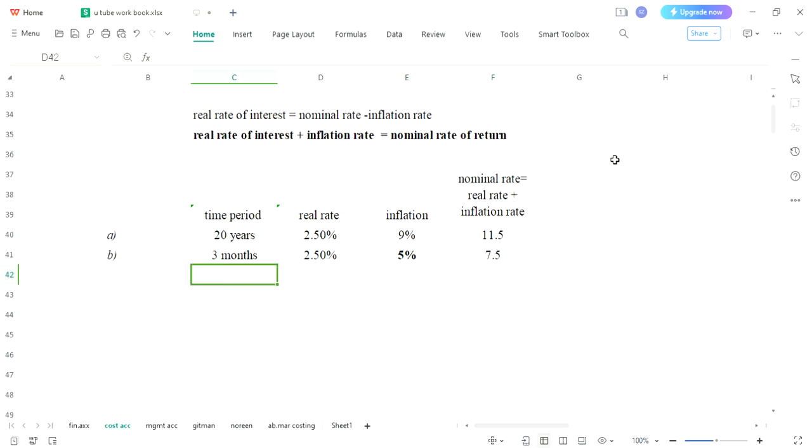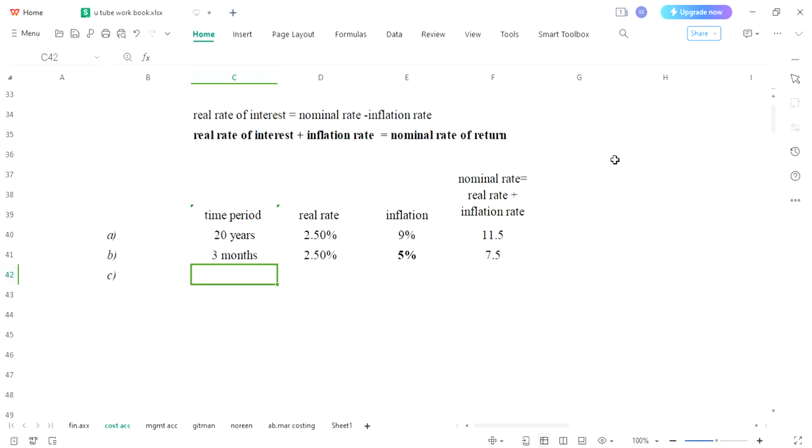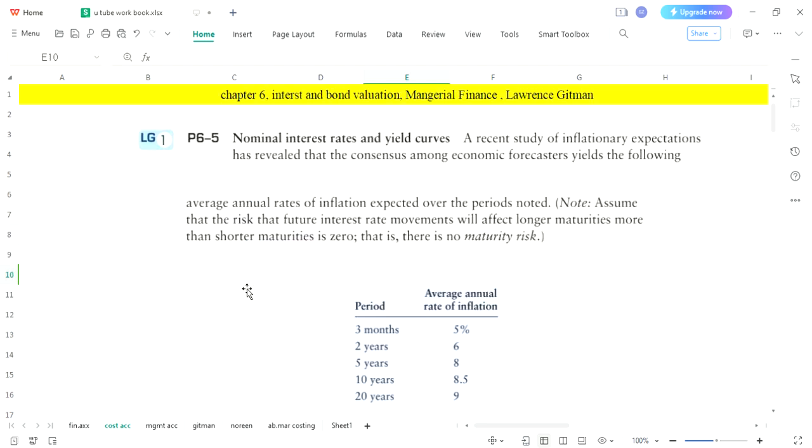All right, come over here, write down the third option, and the third option is for 2 years. Next, 2.5% would remain the same as its real rate of interest. Inflation rate, look over here, we need to get inflation rate for 2 years. 2 year inflation rate is 6%.